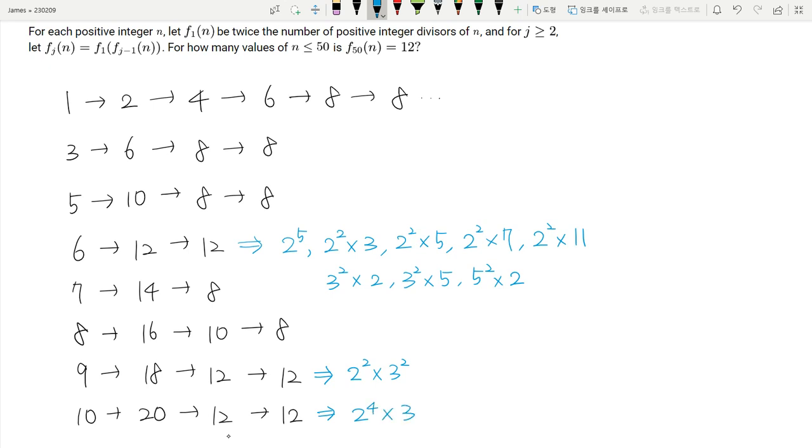Yep, so these are the numbers which make f of n equal to 12.